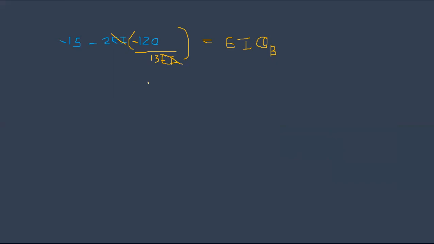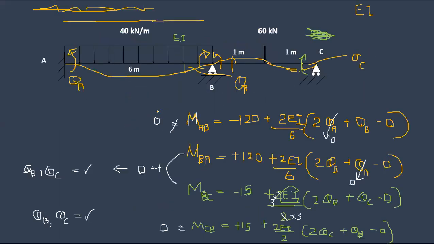So that gives you 3.46, so that's positive over EI. That's theta B, right? Positive. So that means that is in the clockwise direction, right?